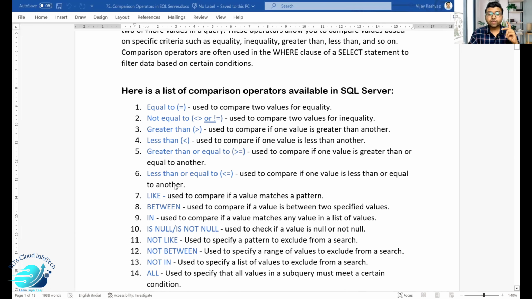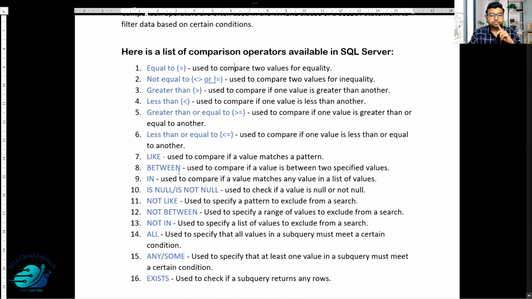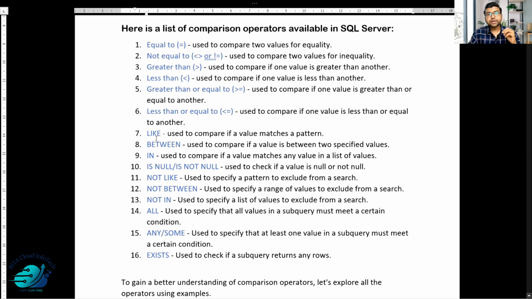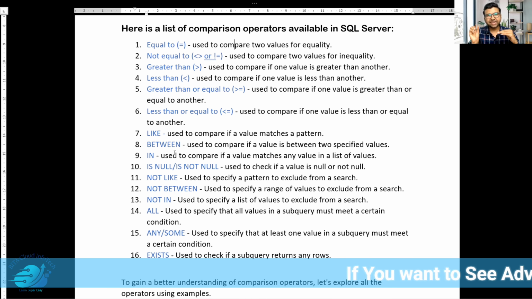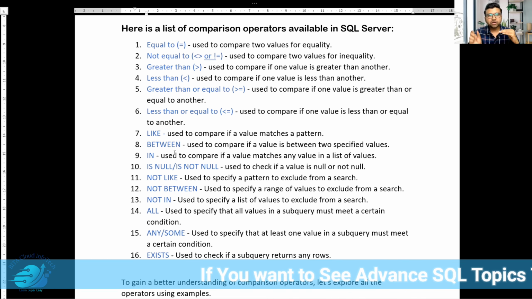Now, another very important thing here is the like operator. What this does is search for similar values, similar numbers, or some similarities. Let's say a big string contains a long line and you are looking for only a specific name or word.